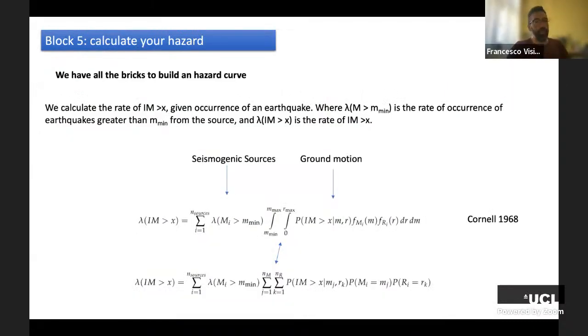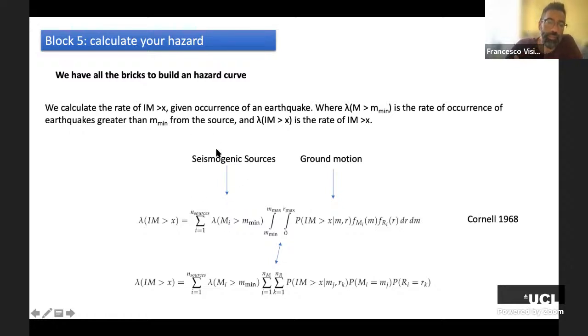So, to go to the conclusion, we now have all the bricks to build our hazard curves, and as I think Graham Weatherill showed in one of the last talks in the series, how to calculate the hazard integral. I just want to recall that the hazard integral can be divided in two parts.